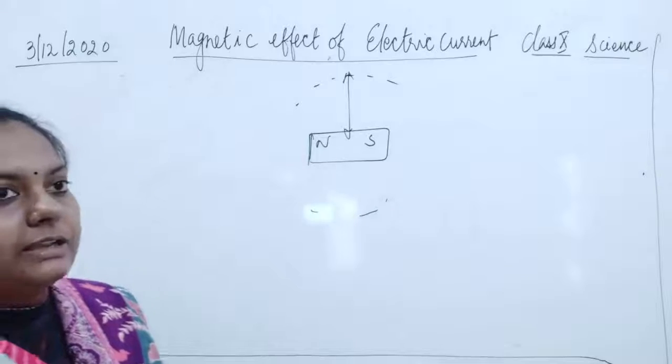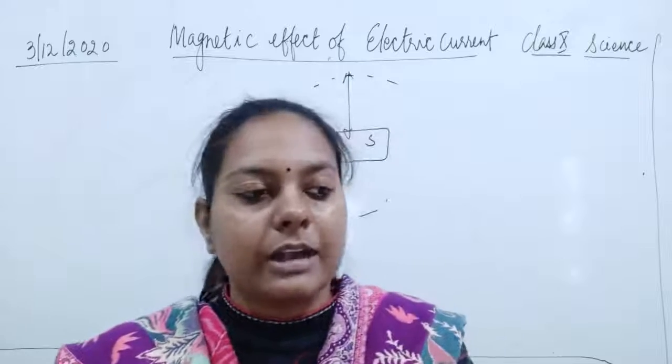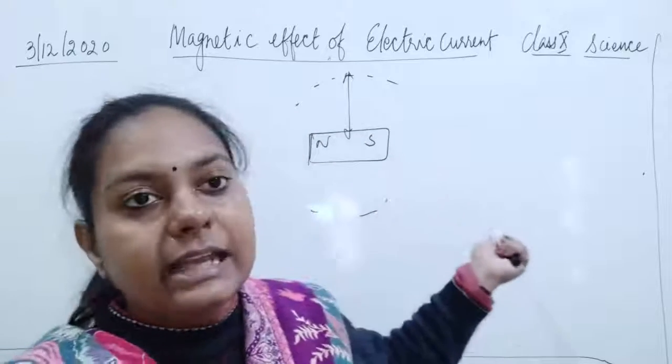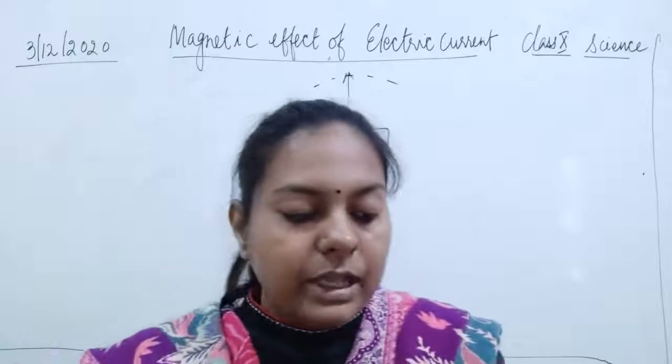Magnetic field lines have certain characteristics which we have already discussed: they start from the north and end in the south outside the magnet, and inside it is from the south towards the north.